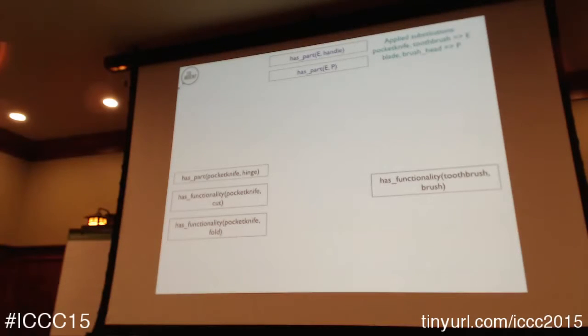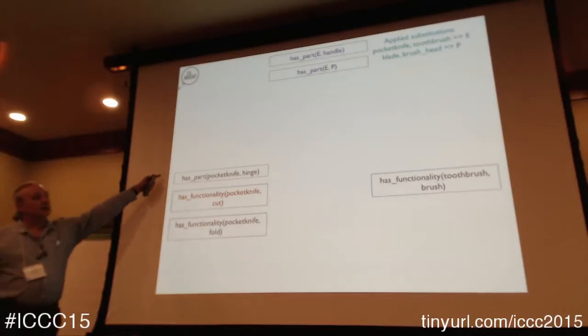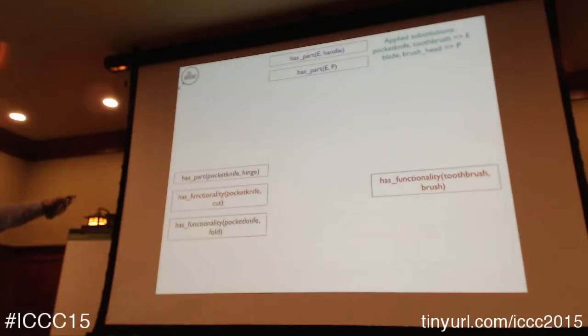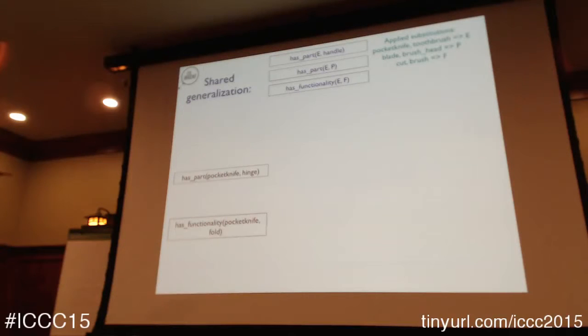And on the left, the system keeps the substitutions from the variables for each one of the inputs. This one has no counterpart on the other side, so we don't do anything. Then we have the functionality, which is cut and brush. So we have some functionality in here, and this second functionality here we cannot put because it's not common.